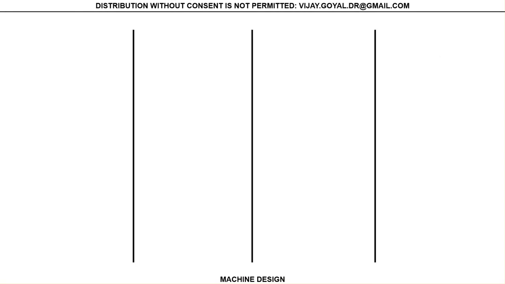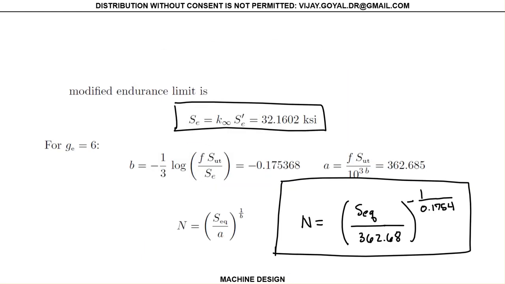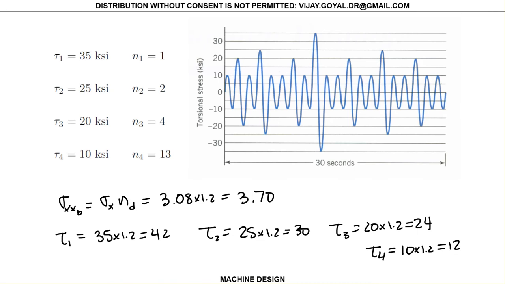So now we're going to go ahead and let me divide this in 4 parts. Okay, so we're going to do this for each one of the loading conditions. So I'm going to have loading condition number 1 that says tau is equal to 1, and sigma 1 is equal to 3.70.